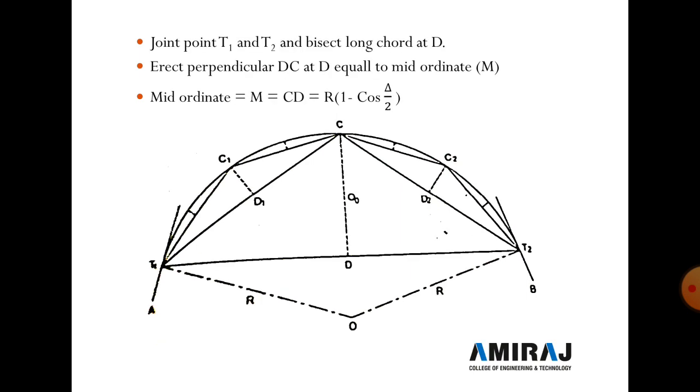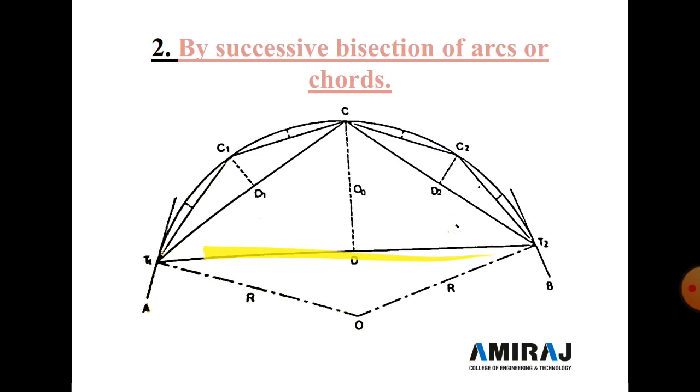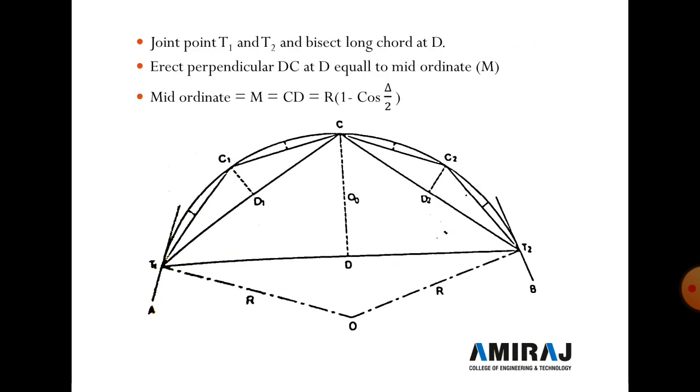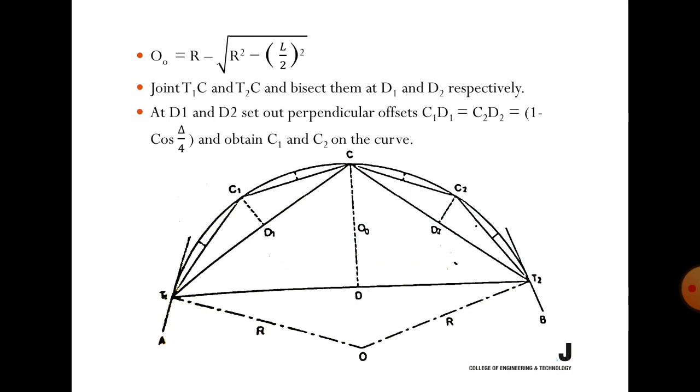Because the last mid ordinate, meaning the large mid ordinate, is 1 minus cos delta by 2. Now here the half part is 1 minus cos delta by 4. Clear? Now another: if we halve this point, we get 1 minus cos delta by 8.